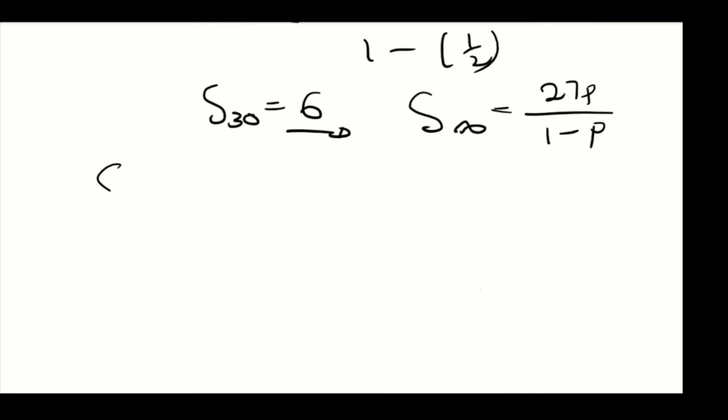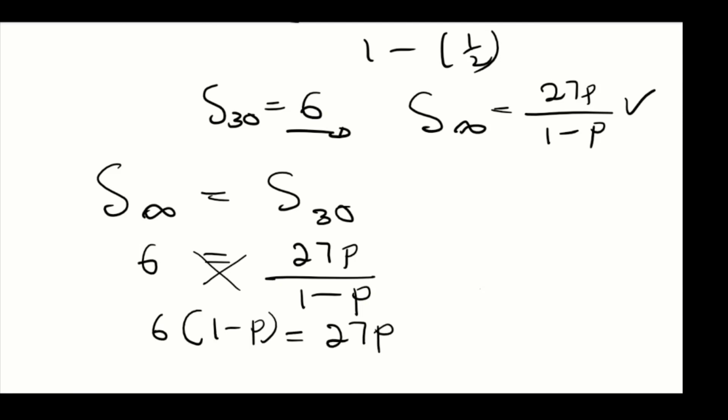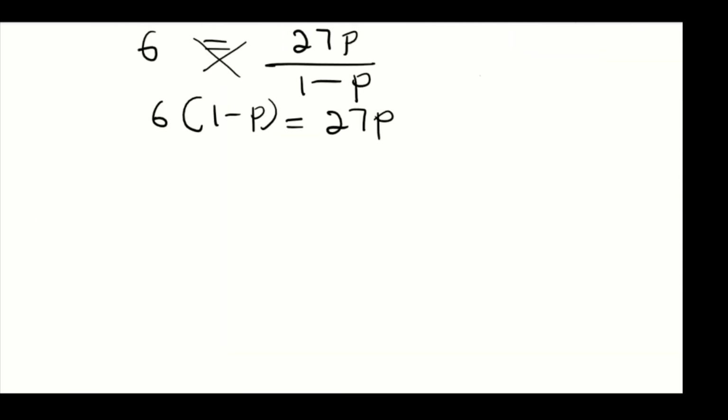And remember that these two sums were said to be equal to each other. So meaning that you're going to say the sum to infinity is equal to the sum of 30 terms. So we want to find the value of p. So the sum to infinity, 6, is equal to the sum of 30 terms, 27p over 1 minus p. Then we cross multiply, so 6 into 1 minus p equals 27p. So we multiply the 6 inside here, so it's 6 minus 6p equals 27p.